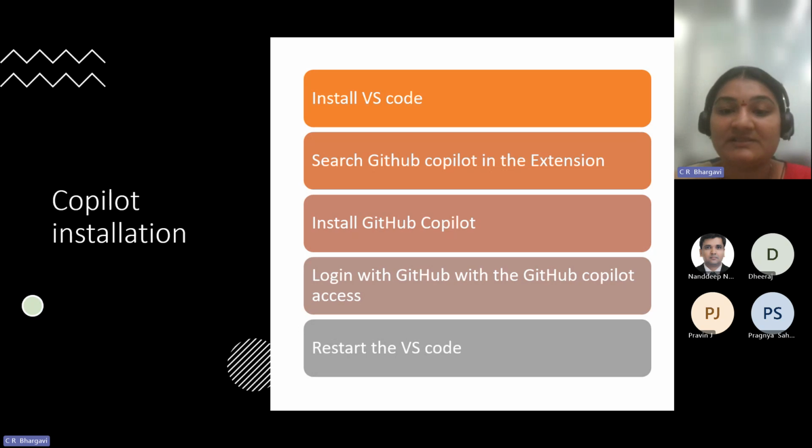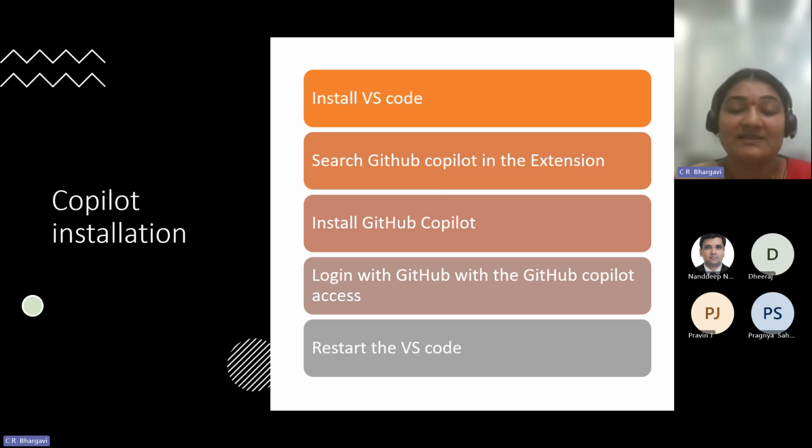For professionals, we have to pay for it. I have a pricing part covered, and I will cover those things at the end. So for now, we have to get GitHub Copilot access. Once we have the access, we have to log in with the GitHub Copilot credentials inside Visual Studio Code.